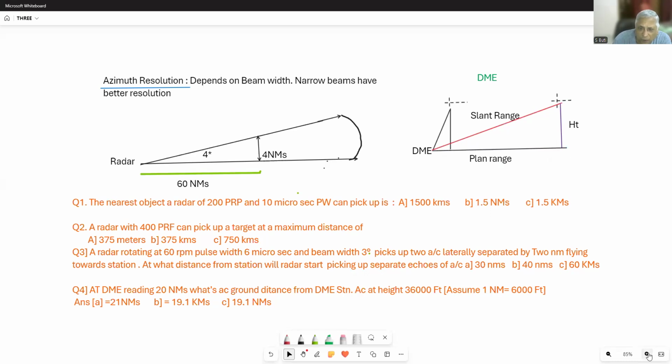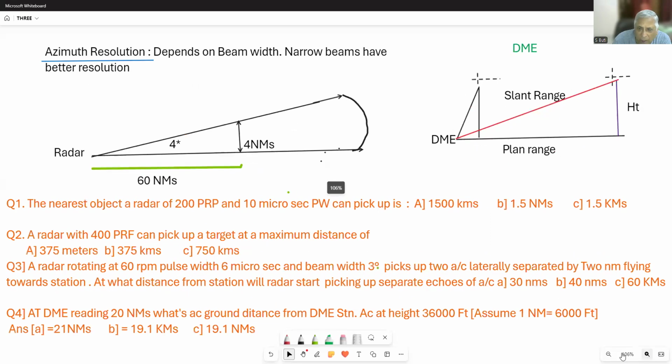But if you are flying at a high altitude and you are near the station, let's say this aircraft, now the difference between this will be your DME reading, your distance from the DME, and here is your distance from the ground station on the ground. So the higher the aircraft and the closer the aircraft, the greater is the difference or error.